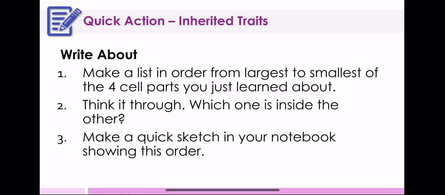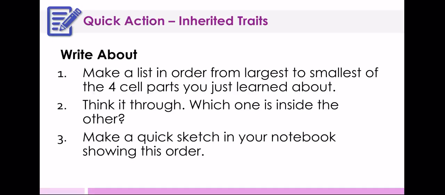All right, once you've created your Venn diagram, use your piece of paper and pencil to see if you can do these 3 simple tasks. Make a list in order from largest to smallest of the 4 cell parts you just learned about without looking. See if you can do it without looking. Number 2, think it through. Which one of the 4, or put them in order, which one is inside the other. So work from smallest up to the largest.